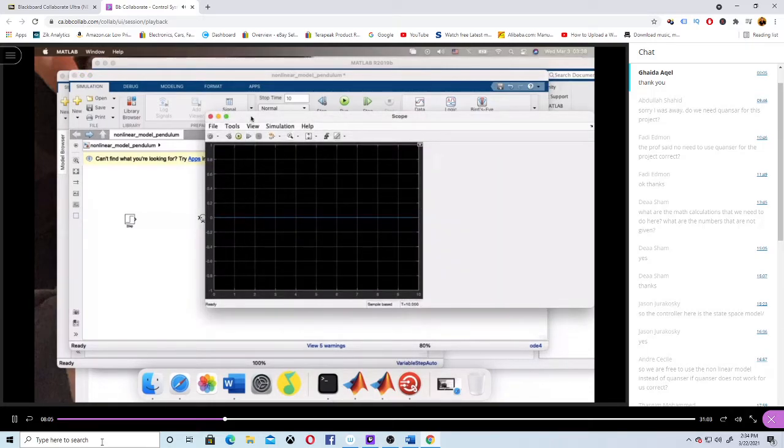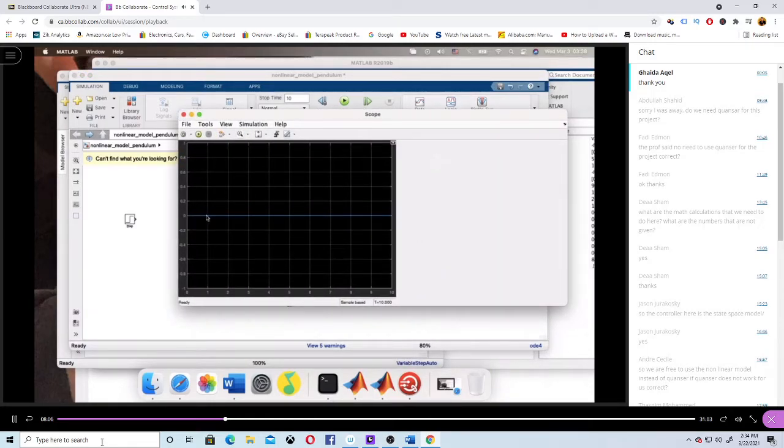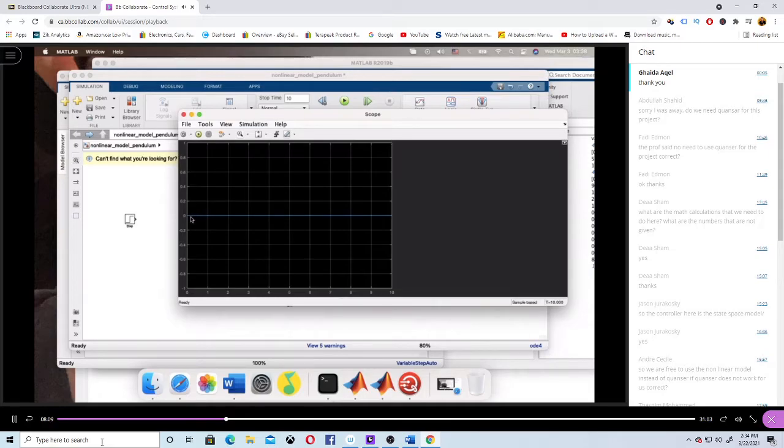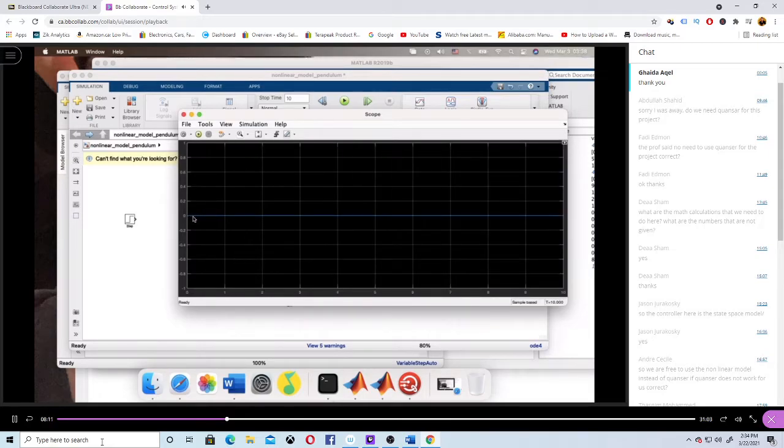So this is the case when there's no disturbance and no input. You can see that both theta and alpha stay at zero, which means it's perfectly balanced, and there is no movement of the rod or the rotatory arm.